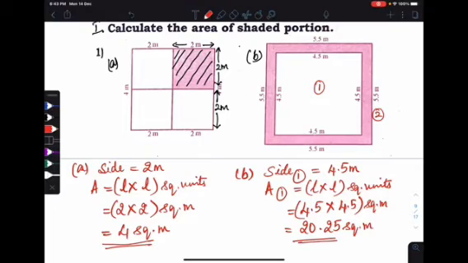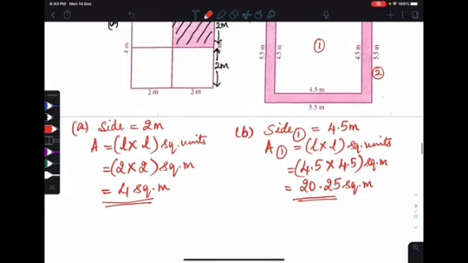Now this was the area of the first square. Now for the area of the second square, the given data is side is equal to 5.5 meters.